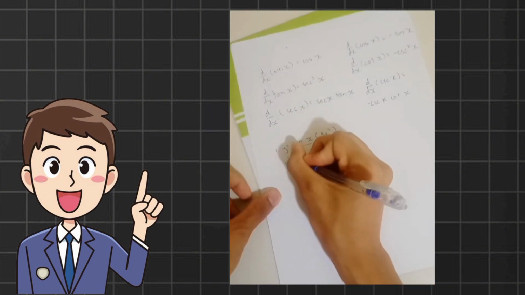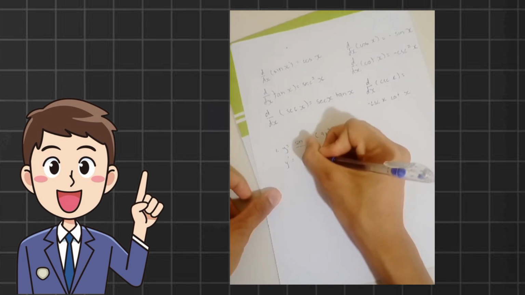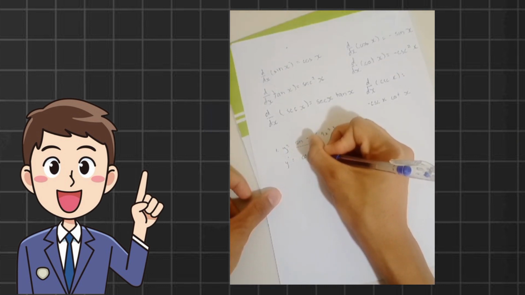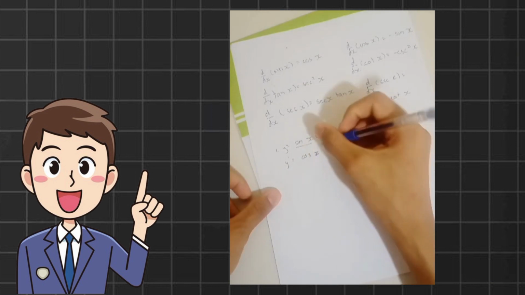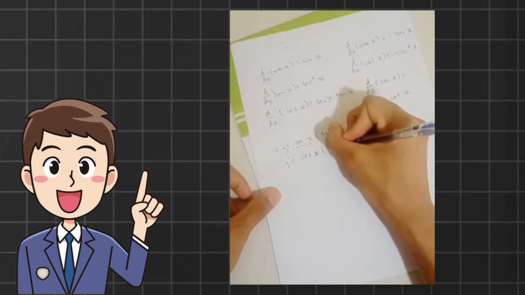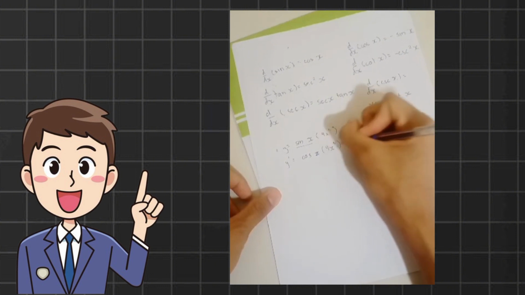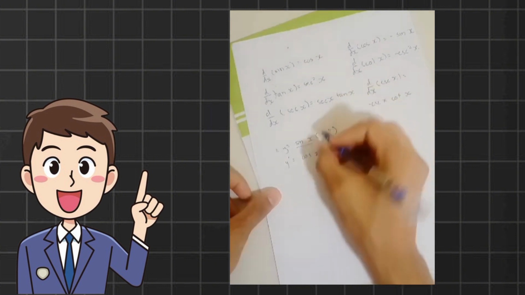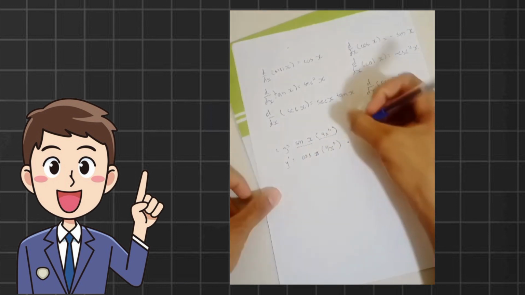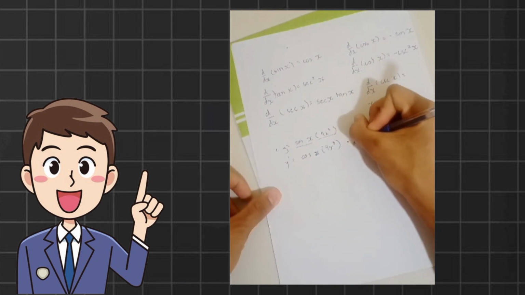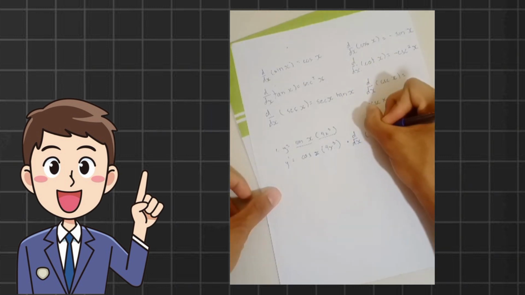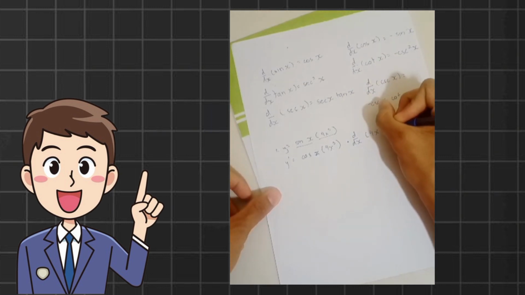Y prime is equal to cosine of 4x cubed, then multiply by the derivative of 4x cubed.